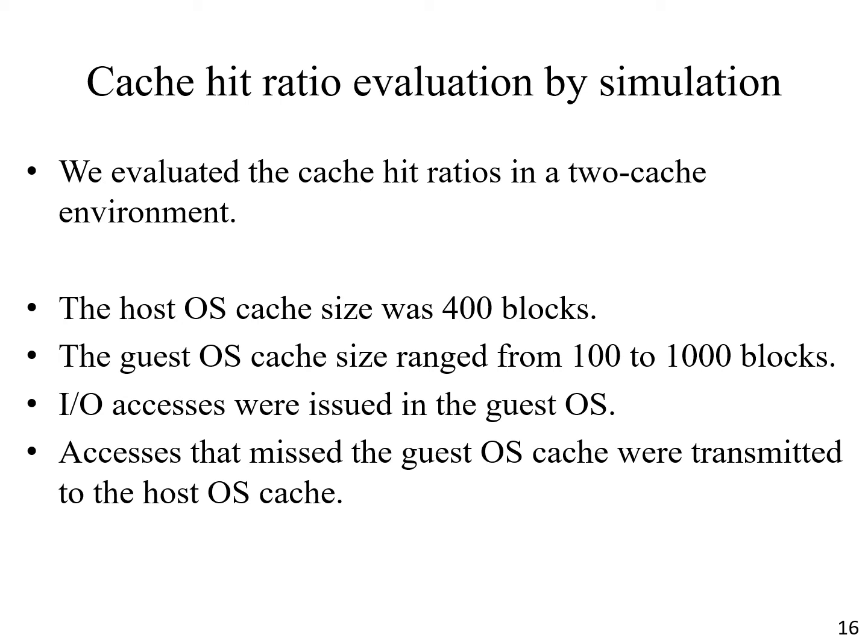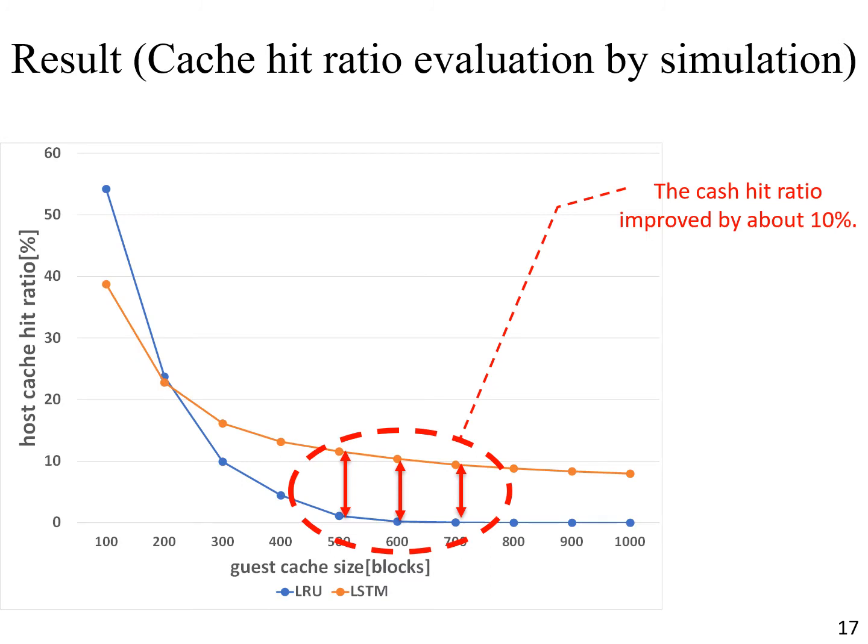This is the result of the cache simulation. The blue line is the LRU. The orange line is the proposed method. In most cases, the proposed method outperforms the LRU.